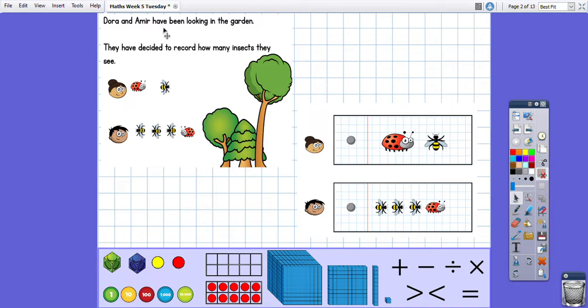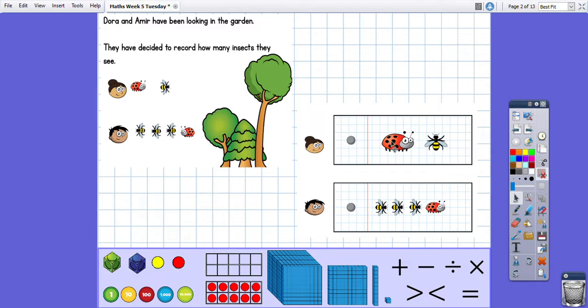Dora and Amir have been looking in the garden and they've had a bit of a bug hunt and they've decided to record how many insects they see. So Dora sees a ladybird and a bumblebee, and Amir sees 3 bumblebees and a ladybird. And then when they get back inside they get their maths book and they have drawn their insects. Now Dora has drawn hers a lot bigger, but that doesn't matter because we're just looking at the amount.